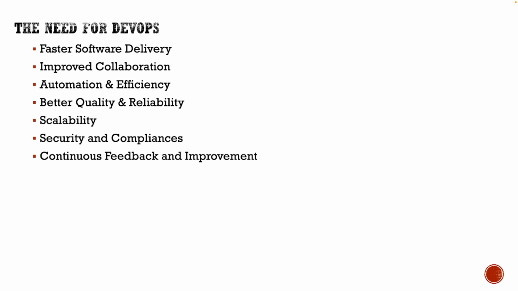This phase automates the delivery and deployment of the application, ensuring fast and reliable software deployment. The CI/CD benefits, as already covered in the previous slide, are faster release, reduced manual errors, improved software quality, and quick feedback loops. So that's it.